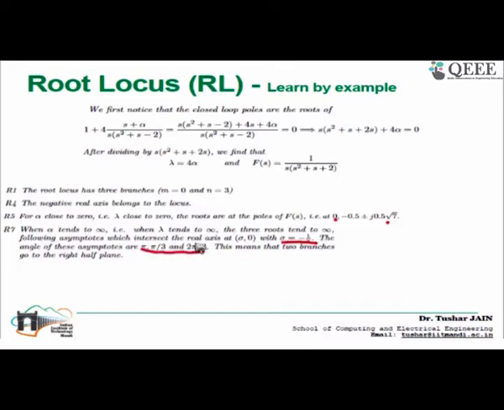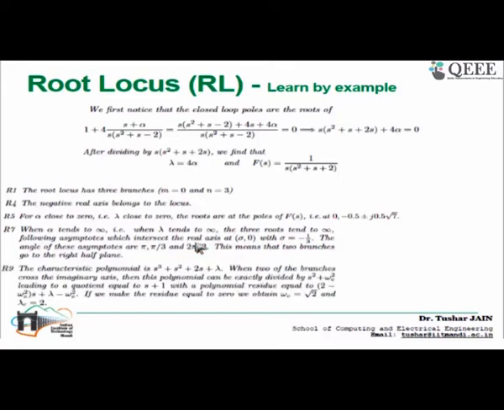So from there you get 3 different asymptote angles, varying for k equal to 1 up to n minus m. So in principle you would get 3 asymptotes, 3 angles for these asymptotes. Rule 8 does not apply here also, because it applies if n is less than m.